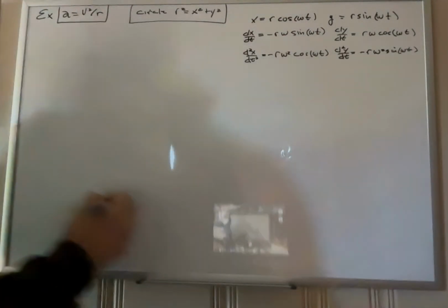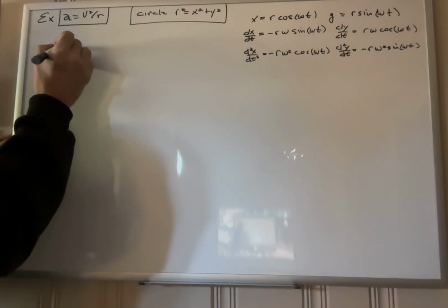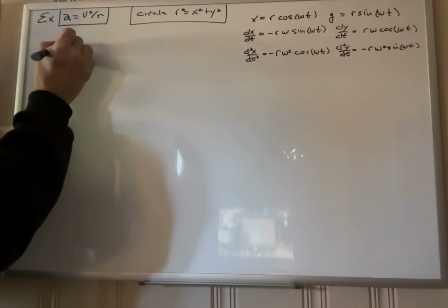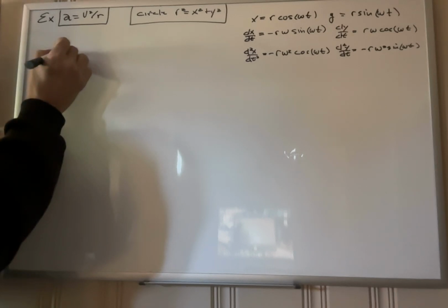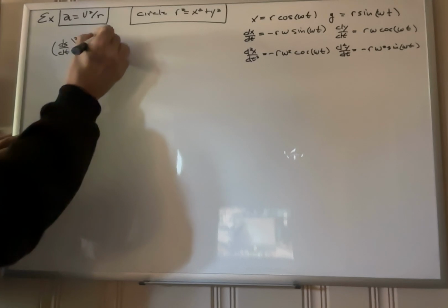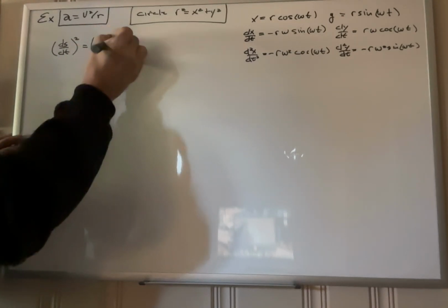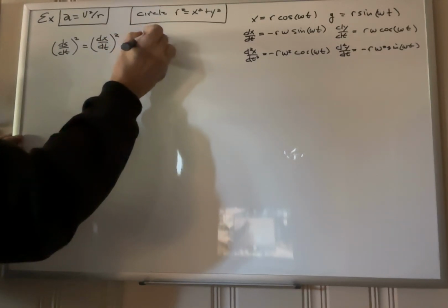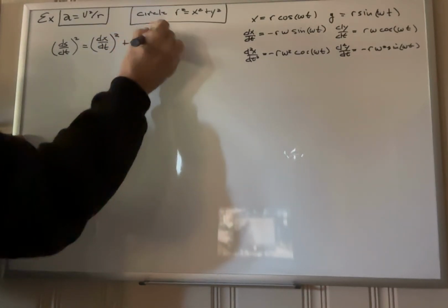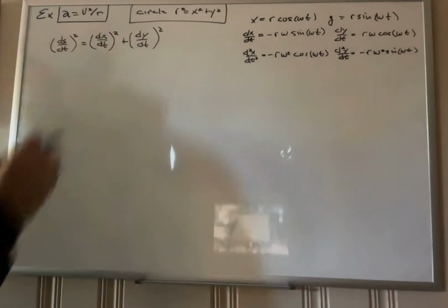Let's see how they all play into our function of velocity. So our function of velocity is going to look like this: (ds/dt) squared is equal to (dx/dt) squared plus (dy/dt) squared. This is going to tell us what's happening on the velocity side.